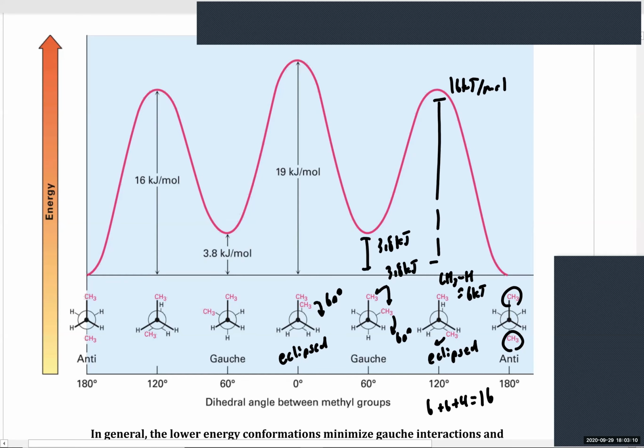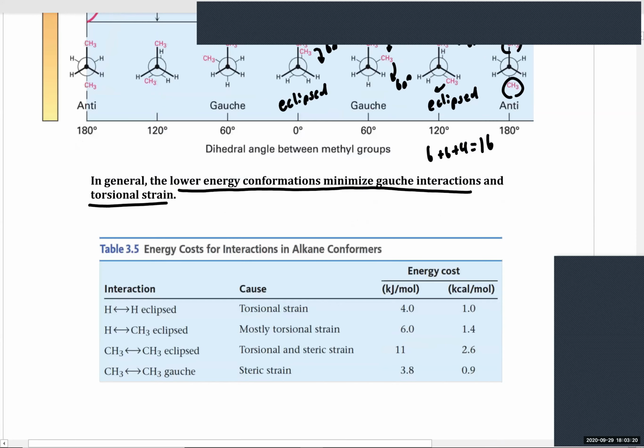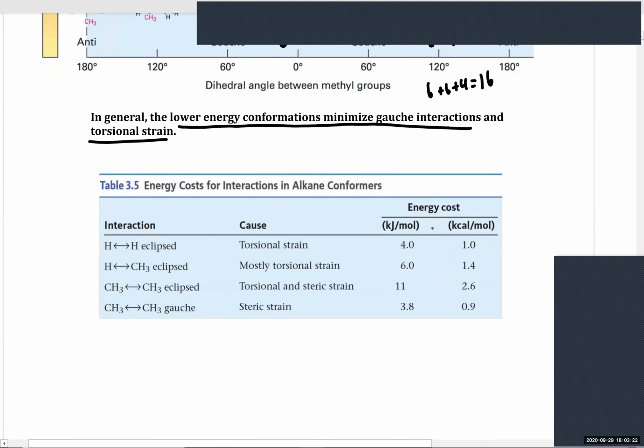Okay, so in general, the lower energy conformations minimize Gauche interactions and torsional strain. For example, let's focus on kilojoules. You don't have to memorize kilocalories. I don't like kilocalories as a unit personally. As we discussed, an HH eclipsing interaction is 4 kilojoules.